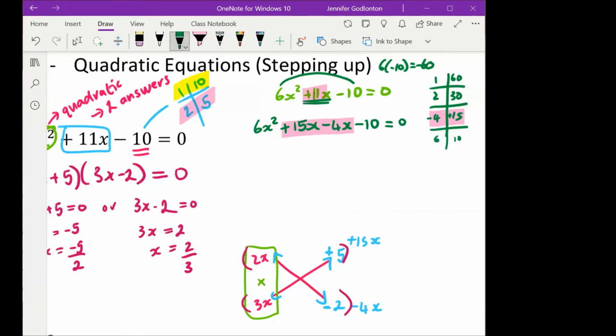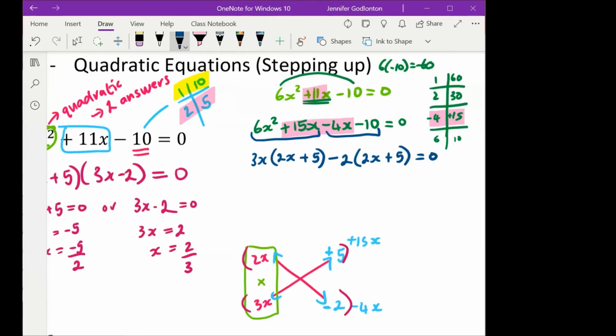Okay, then we're going to group the first two terms and we're going to group the second two terms. Now, when I group those first two terms, I'm looking for a highest common factor in them. The highest common factor here is 3x, and I'd be left with 2x plus 5. And then in my second two terms, I can take out a negative 2, and I would be left with 2x plus 5.